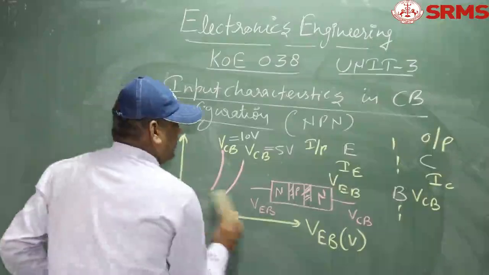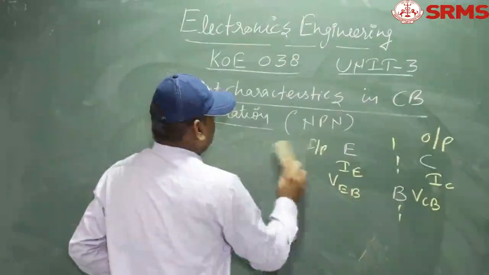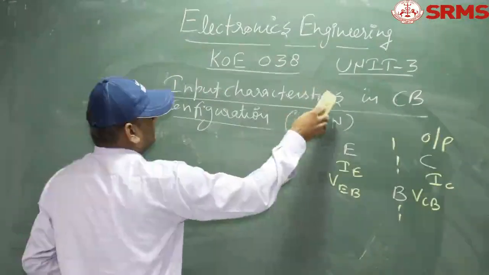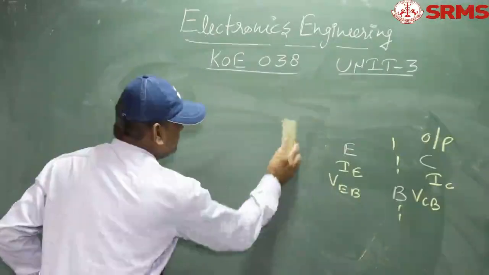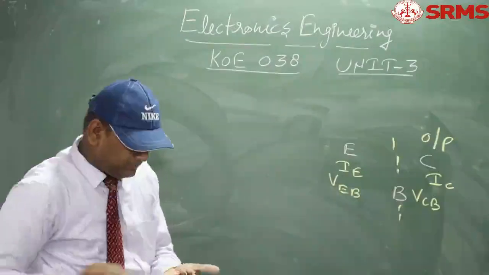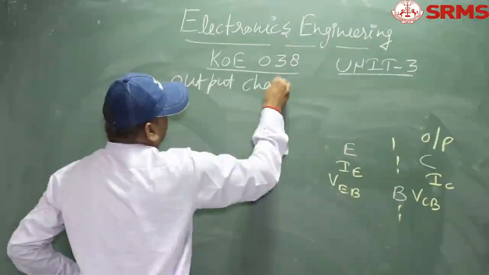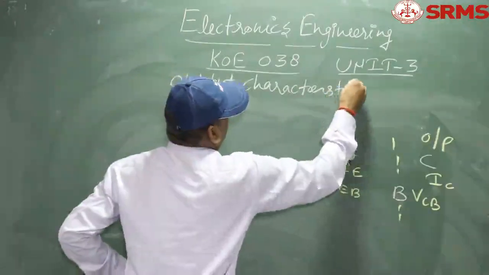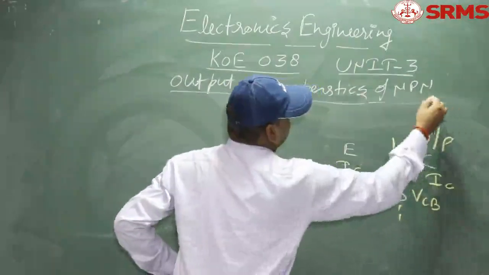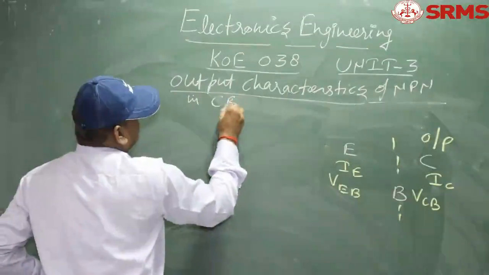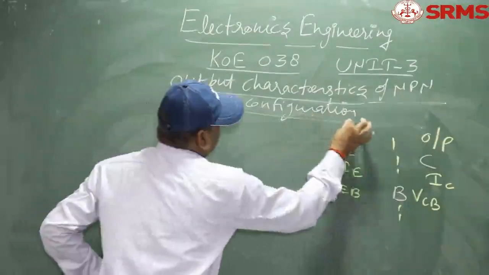Now we will discuss how we can draw the output characteristic. Output characteristic of NPN transistor in CB configuration.